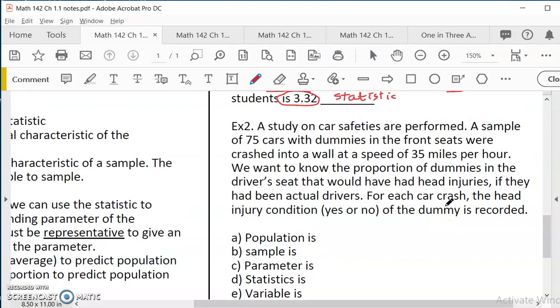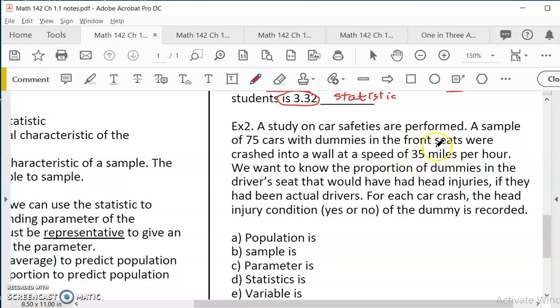Another one: a study on car safety is performed. A sample of 70 cars with dummies in the front seats were crashed into a wall at a speed of 35 miles per hour. I think Consumer Reports usually tests cars like this to give them a safety rating every year.